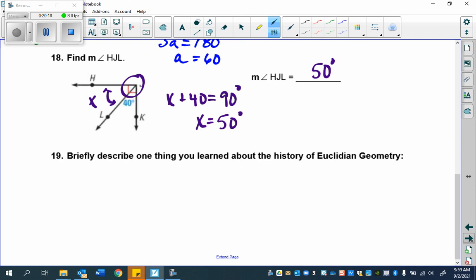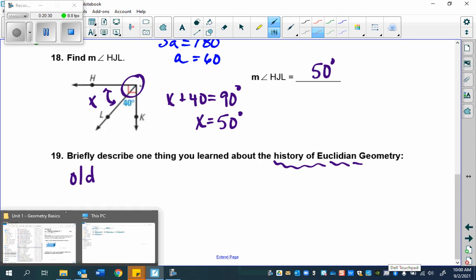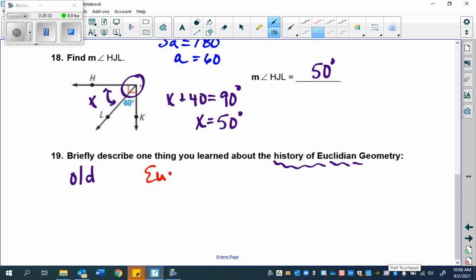Lastly, briefly describe one thing you learned about the history of Euclidean geometry. Your answers were great for this. Somebody told me it was really old. Somebody told me that Euclid was the father of geometry. You also told me that he did a lot of organizing.